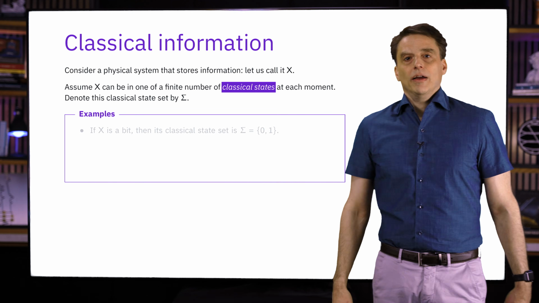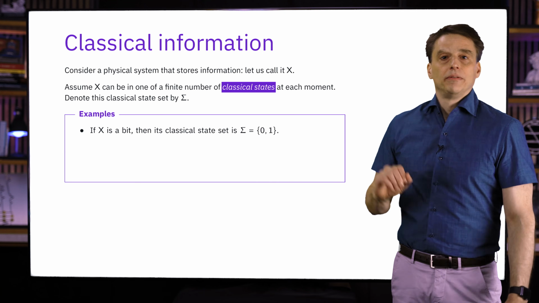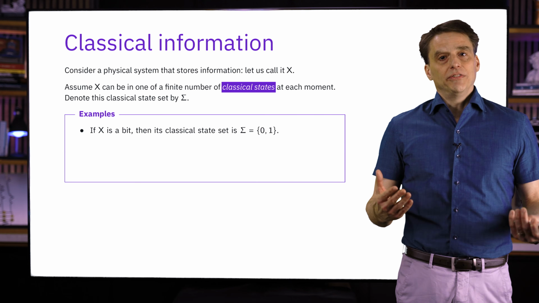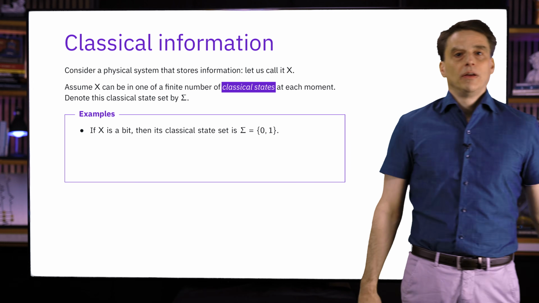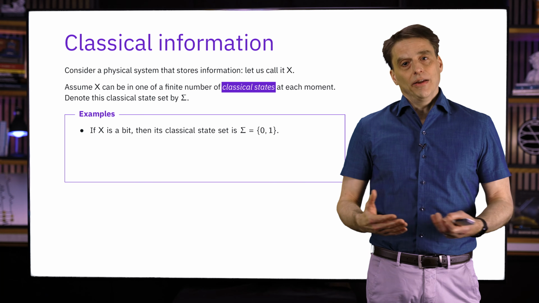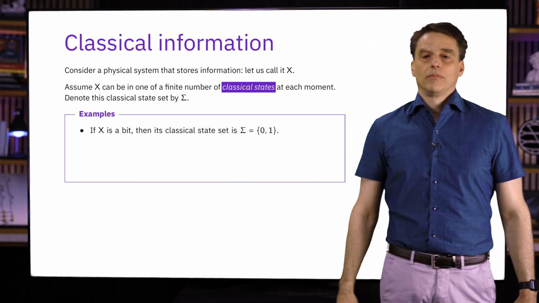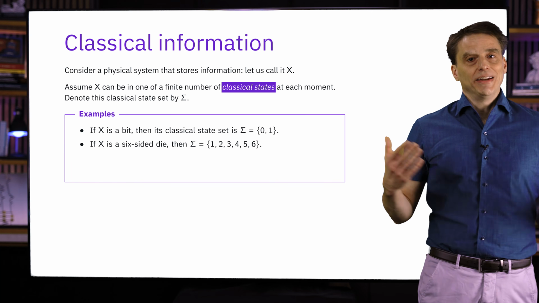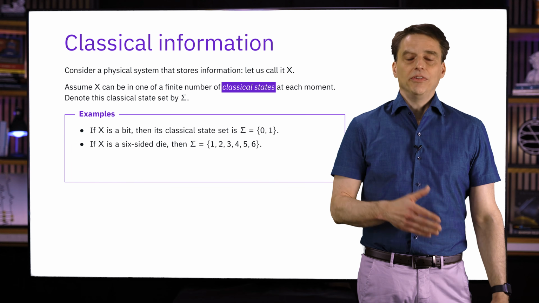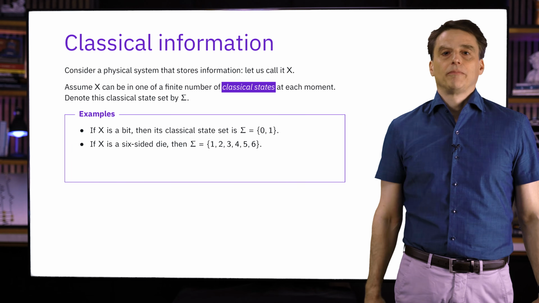For example, it could be that X is a bit, in which case the classical state set is the set containing two elements, 0 and 1. Sometimes we refer to this set as the binary alphabet. Another example is that X is an ordinary six-sided die, in which case the classical states are the numbers 1 through 6.